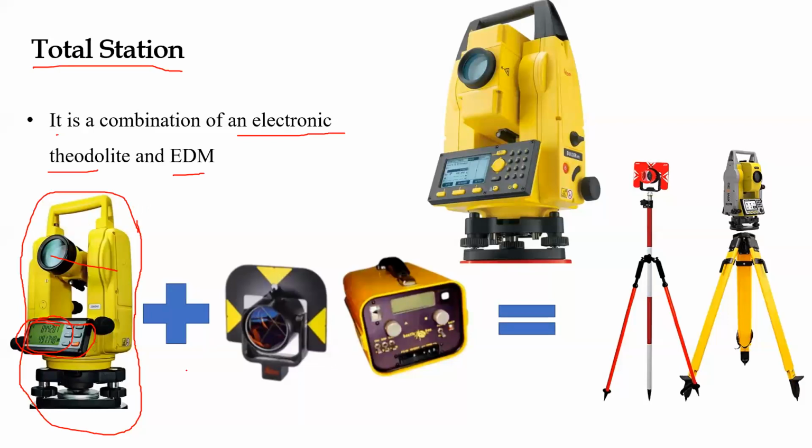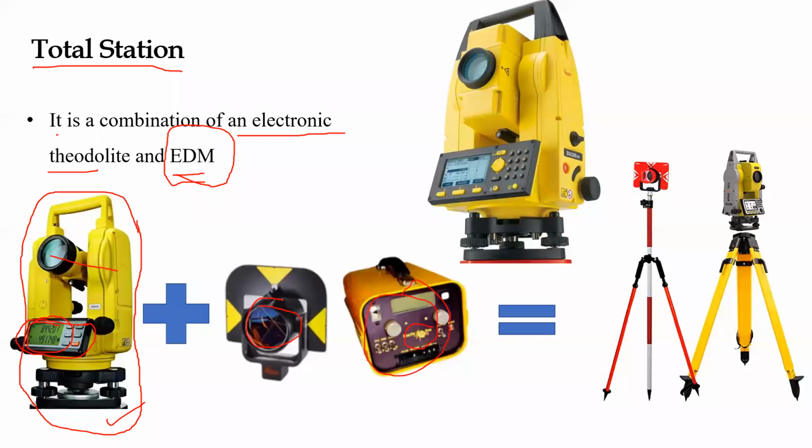If we combine an electronic theodolite and an EDM, and a basic EDM, in a basic EDM you cannot measure angles. So there will be just a source. This source will be emitting some kind of infrared waves, and there will be a reflector.